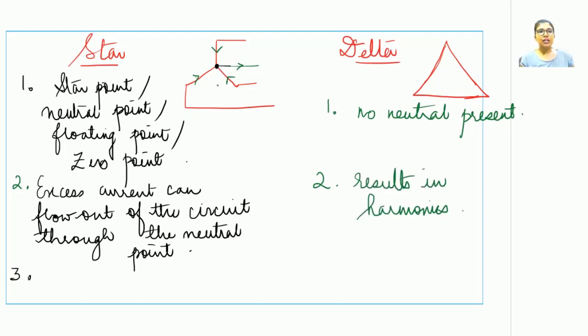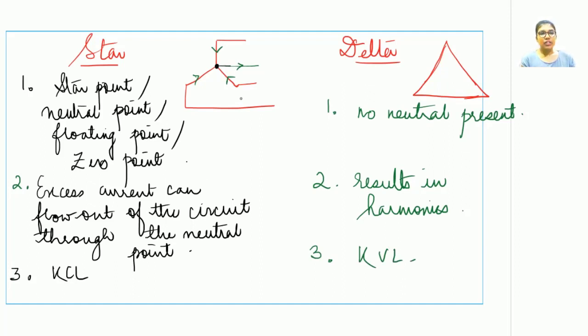Now coming to the star connection, since there is a point which allows the excess current to flow out of the circuit, thereby maintaining the balance of the circuit, we can see here that KCL can be applied. Likewise, for a delta circuit, KVL can be applied.